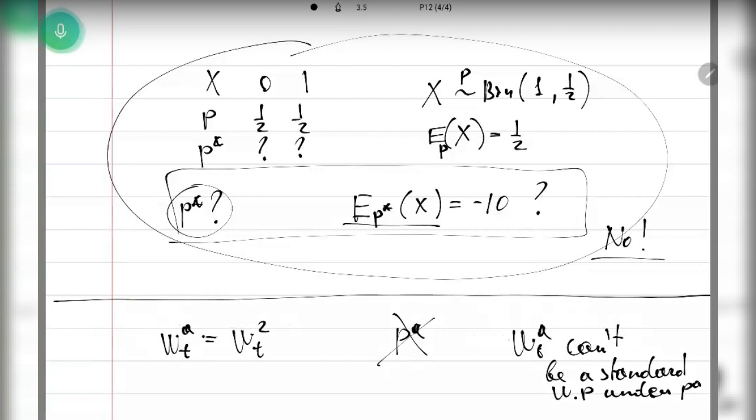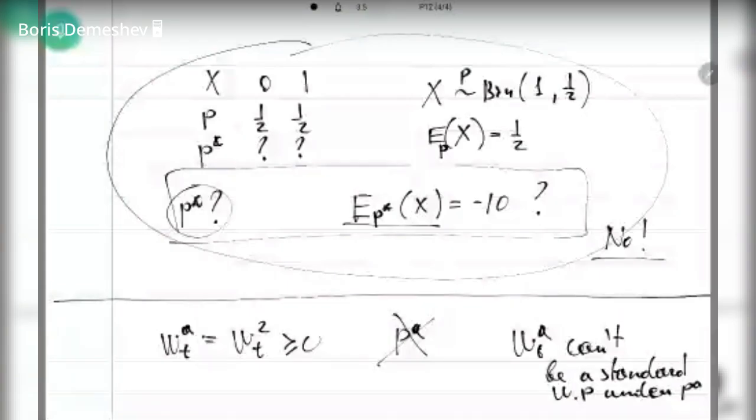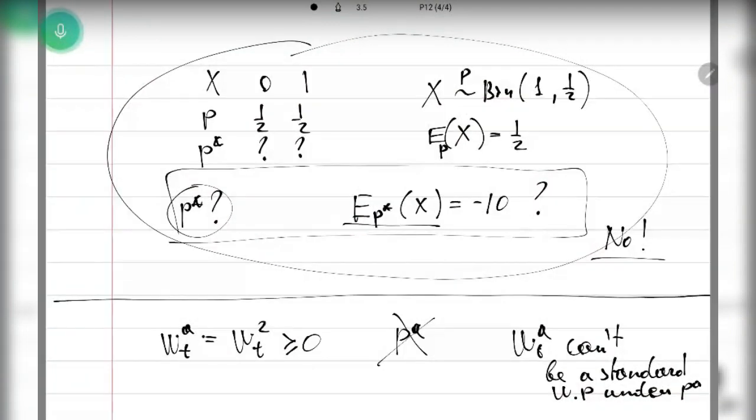Yeah, it is always non-negative. Even if you change the probability in a fantastic way, you will never obtain probability 1/2 for negative values of WTA. So that's not really an obvious theorem.